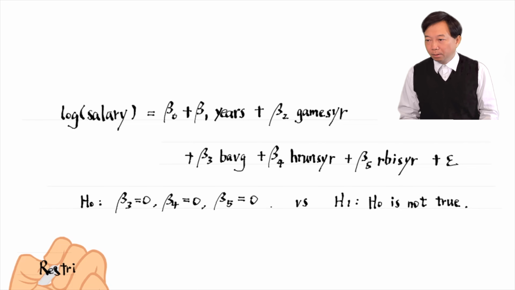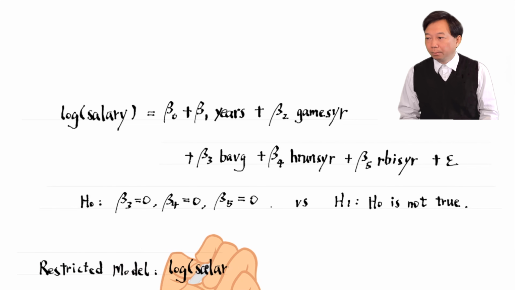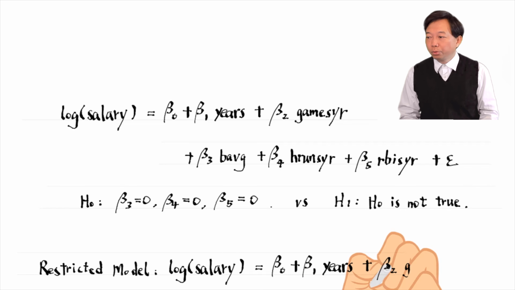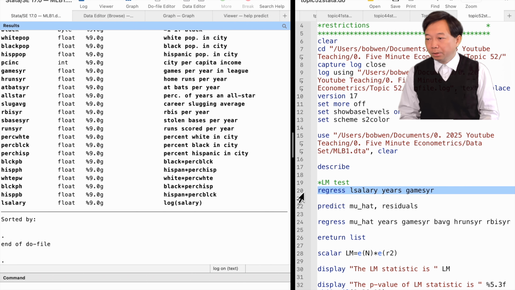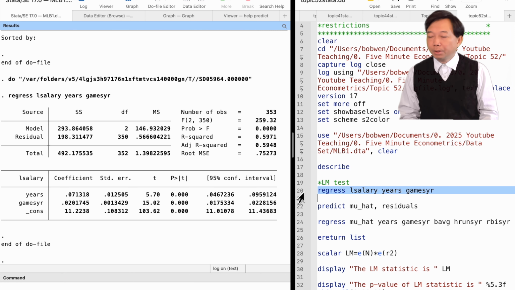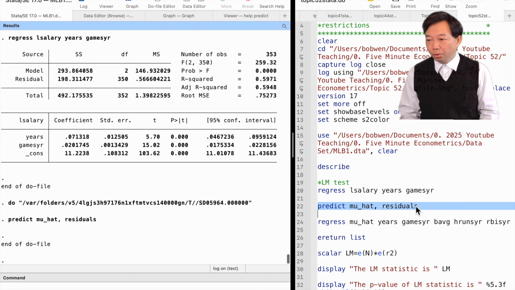In the first step, we estimate the restricted model, the model in which the exclusion restriction is imposed. The restricted model has only 2 explanatory variables. We save the residuals as a new variable mu hat, using Stata's predict command with the residuals option. In the second step, we run the auxiliary regression.